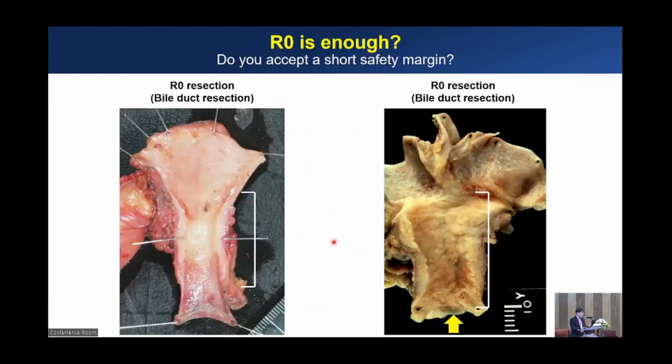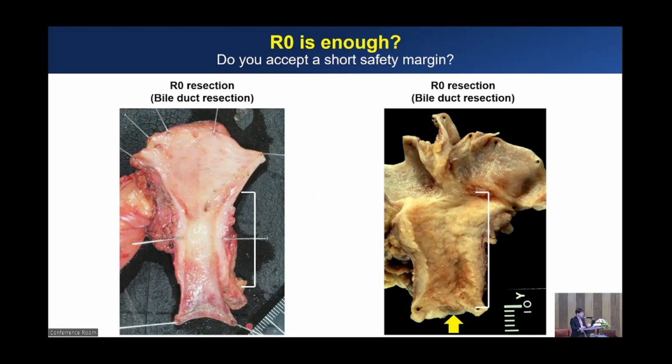I showed two figures about the resected patients. This is a middle bile duct case, and this is a little bit upper bile duct case. Please see the resection margin, proximal and distal, and the macroscopic tumor here. The tumor is a nodular infiltrating tumor, but the wall thickness reached here.